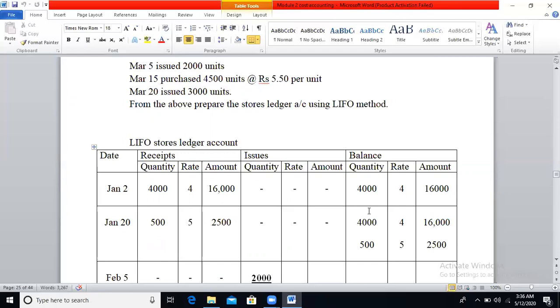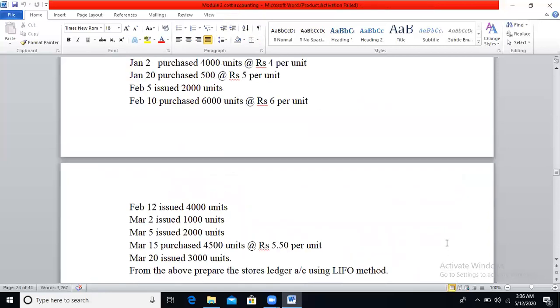Now in the balance, the first purchase is 4,000 units at rupees 4, which is 16,000, and 500 units, the latest purchase, at rupees 5, which is 2,500.